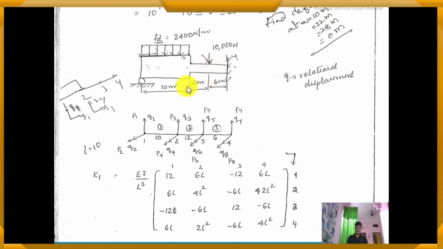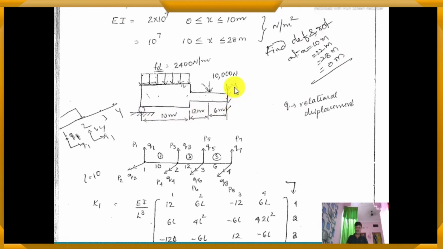From 10 it is again added with 12 meter, and from 12 again it is added with 6. It means the total length of the beam element is 10 plus 12, which is 22, plus 6, so 28 meter is the total length of the element.